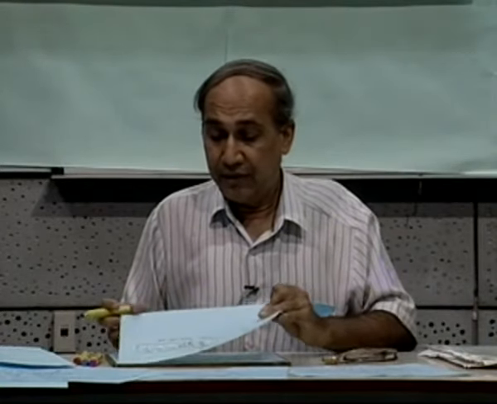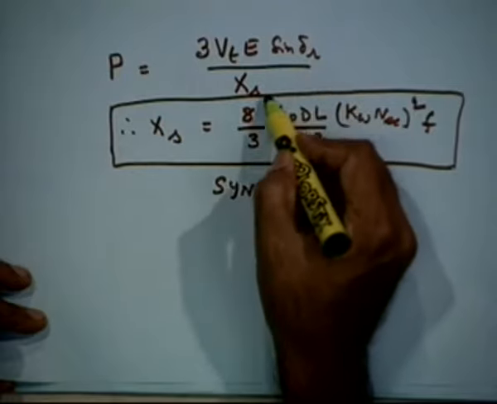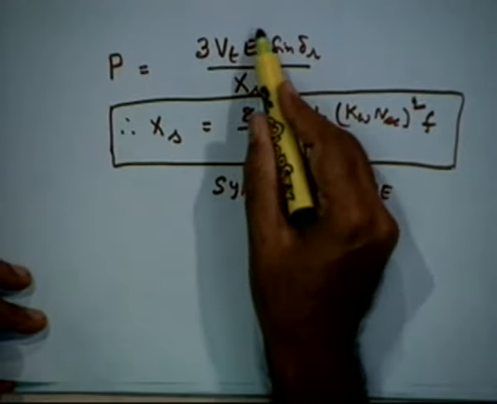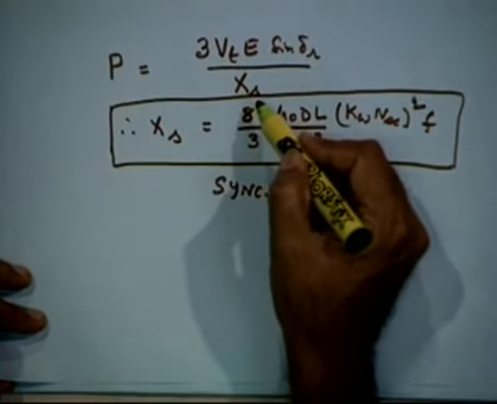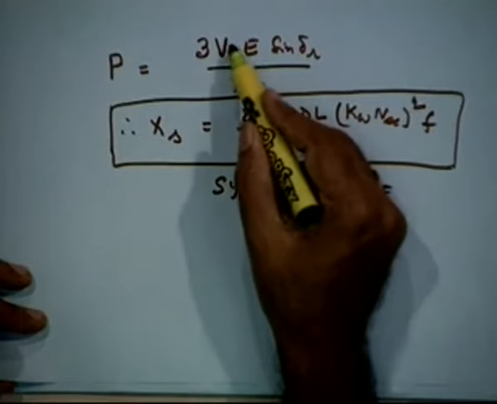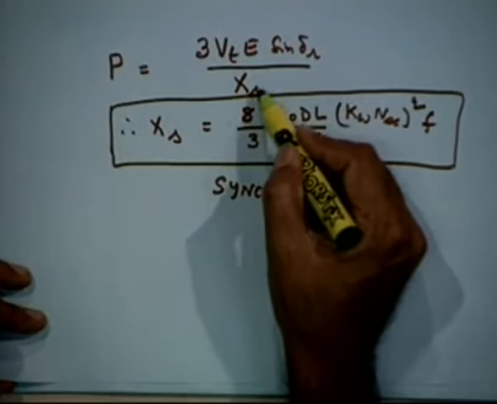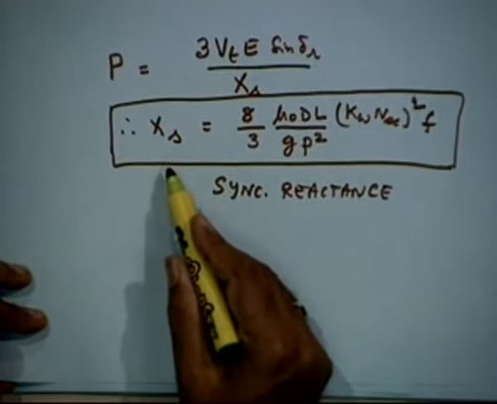Now, we will learn later that an expression for power is also written as 3 Vt E into sin delta divided by Xs, because power will have a unit of voltage into current. Since this has no unit, it has voltage into current, meaning if you have 2 voltages, that has to be divided by a reactance, and this Xs is called the synchronous reactance.